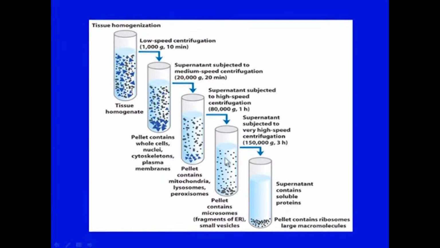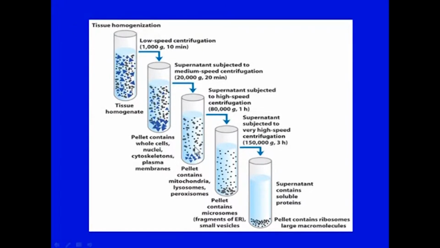and again this could be purified. The supernatant will be taken and centrifuged at a much higher force, say 100,000 G. What you will get is a pellet containing ribosomes, macromolecules and other things. The supernatant might still contain certain small soluble proteins which might not pellet as such.